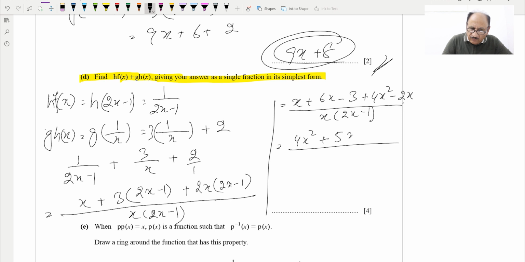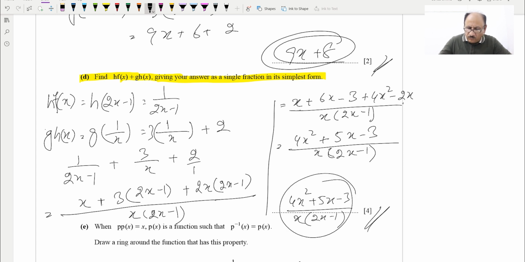So this will be 5x minus 3 over x into 2x minus 1. So our final answer will be 4x squared plus 5x minus 3 over x into 2x minus 1. This will be the final answer for 4 marks.